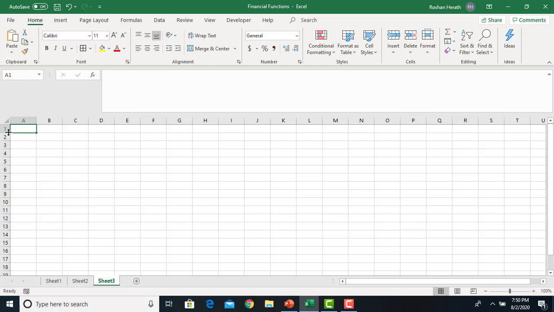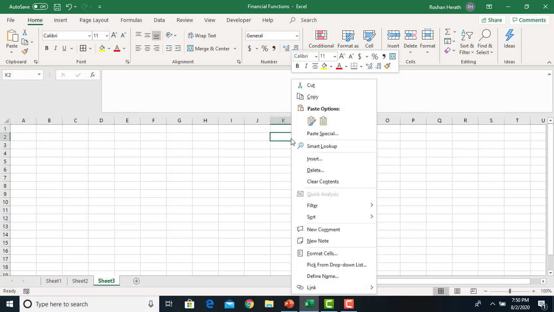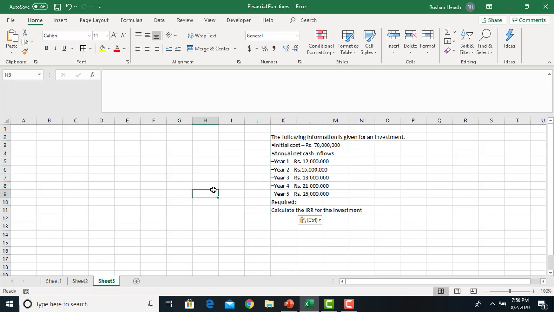So it's the application of IRR. Then you can get your inputs. The initial cost is there.